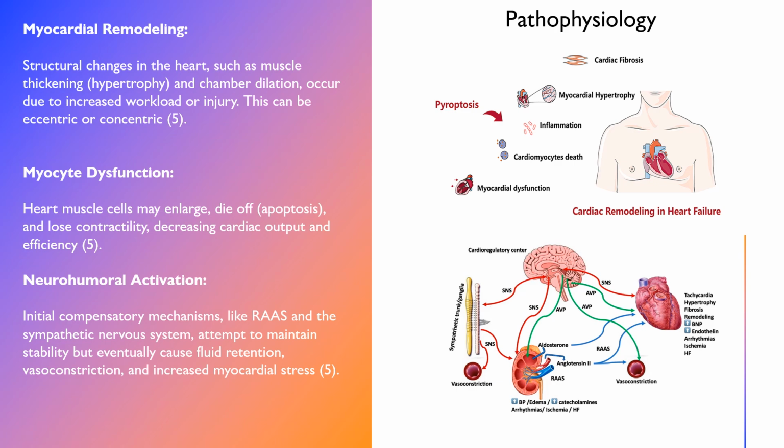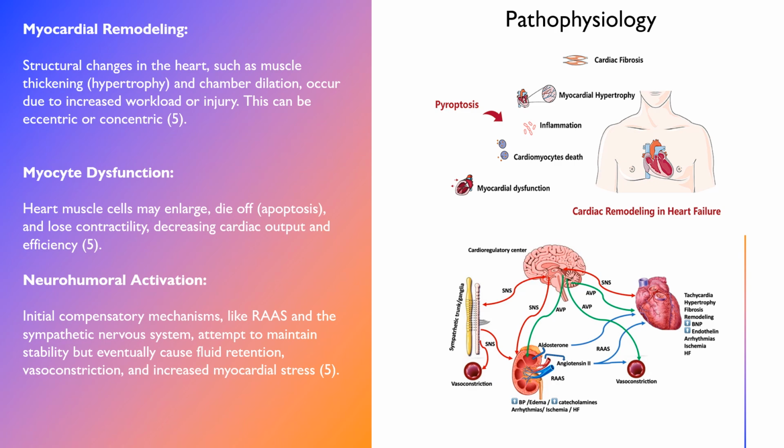In response to increased workload or injury, the heart undergoes structural changes known as myocardial remodeling. This includes hypertrophy, or the thickening of the heart muscle, and dilation of the chambers. Depending on the underlying pathology, remodeling can be either eccentric or concentric.